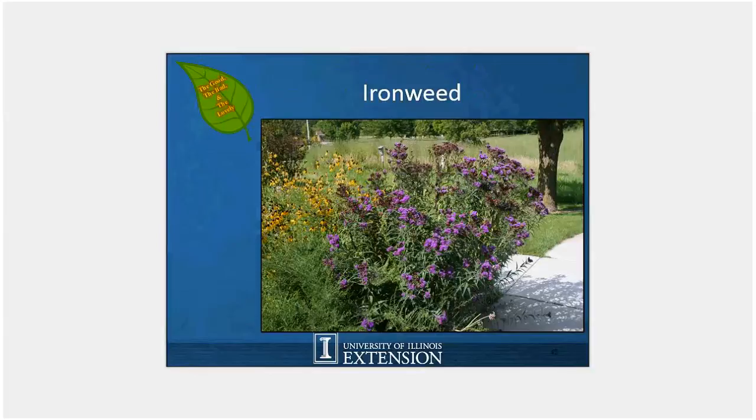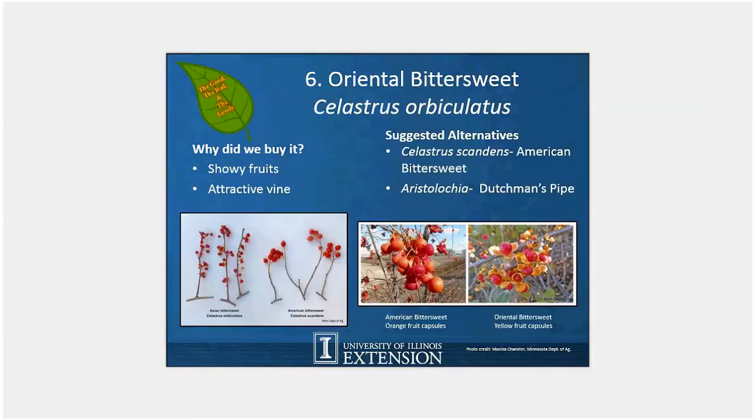The last one that we're going to talk about is the Oriental Bittersweet. And 2 weeks ago, when we had the introduction with Kari and Andrew, they talked about the differences between the Oriental and the American Bittersweet. The one that is showing the invasive tendencies is the Oriental, and as you can suspect, it is native to Japan and China.